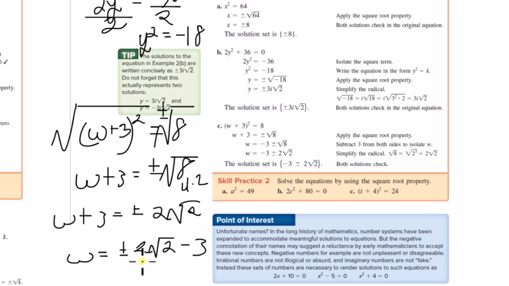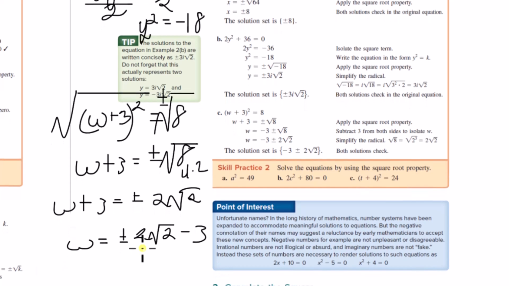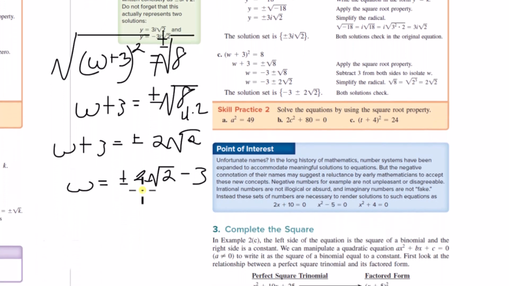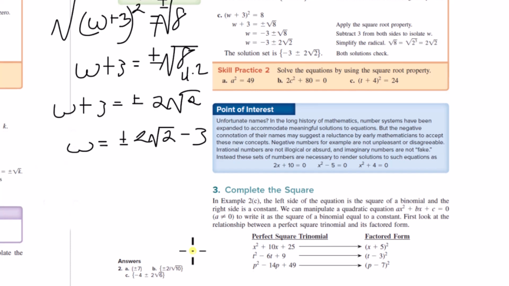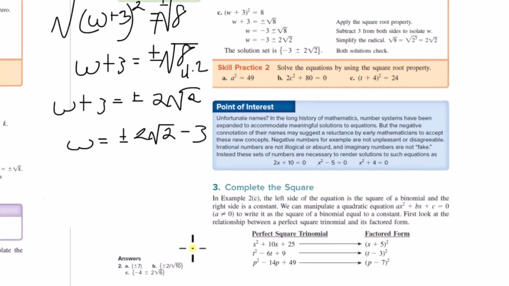Okay? Now, with that then, we're going to move on to the idea of completing the square because remember, there's 3 different methods we use to solve any kind of quadratic equation, in general, no matter how complicated or simple. The first method was the zero product property method, factoring everything on one side.